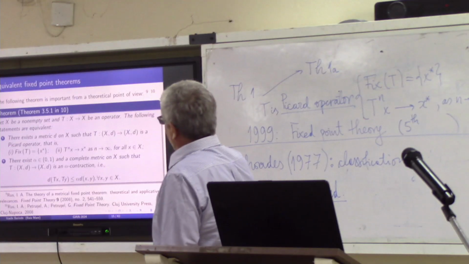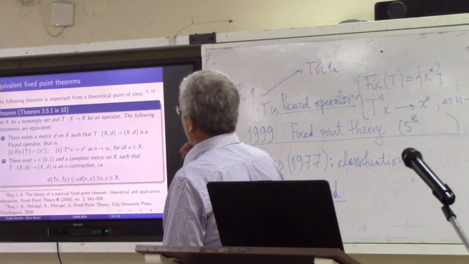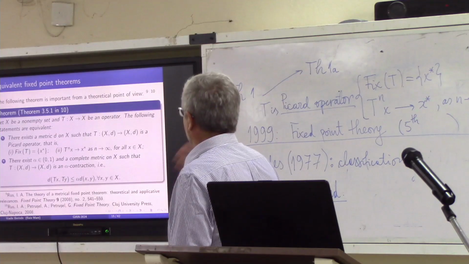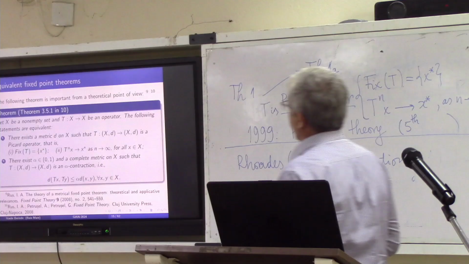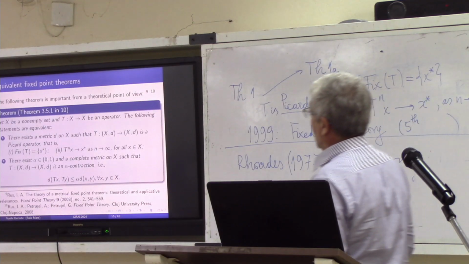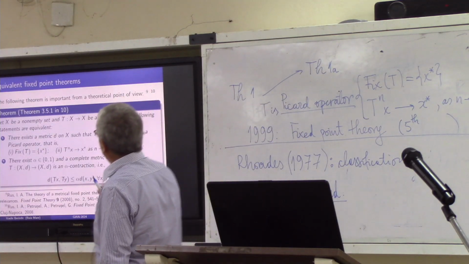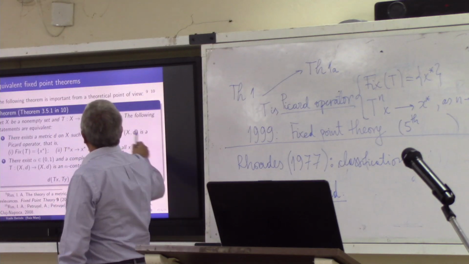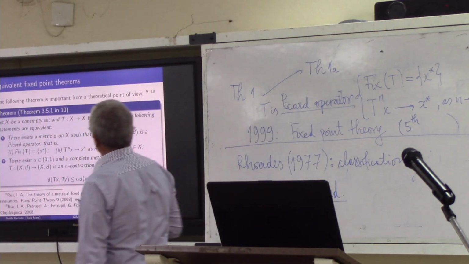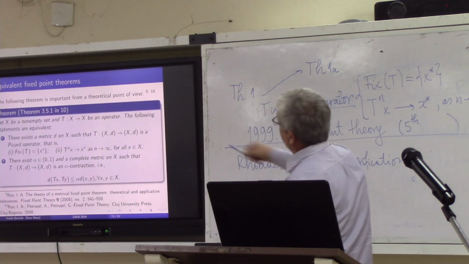If we have a non-empty set X and a self-map T, then these two statements are equivalent. There is a metric d on X such that this map T is a Picard operator, in this sense, which I have written here.